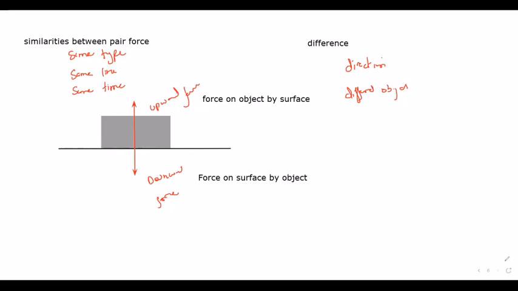And another example: if we consider this is our earth and the object is placed on the surface of the earth, when we draw the Newton pair force, weight is a gravitational force by the earth.